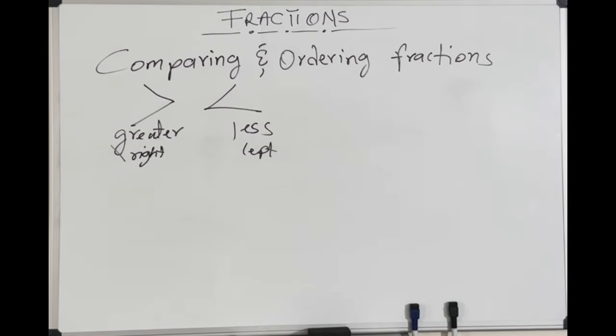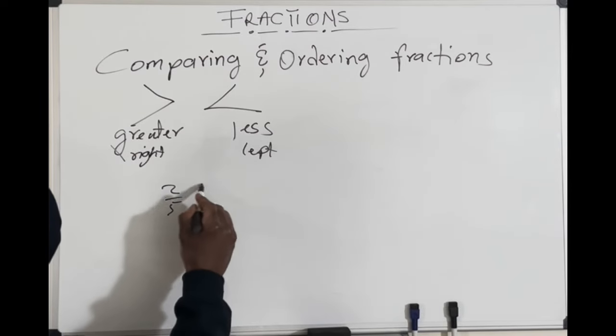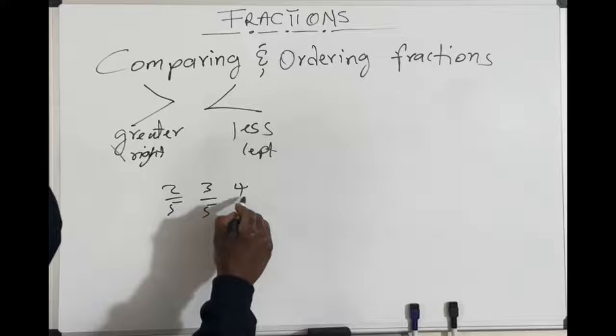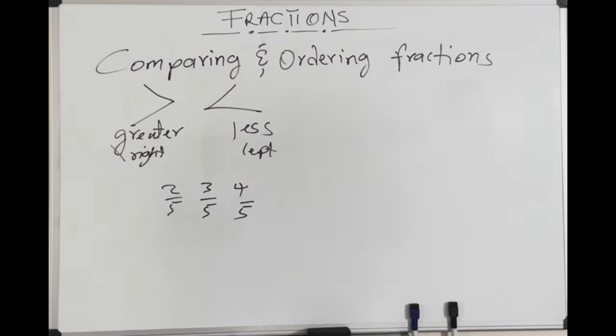Fractions with the same denominator are simple to compare. They are the same kind of fractions. For example, when we have 2 over 5, 3 over 5, 4 over 5, we know which is greater than the other, because they all have the same denominator.